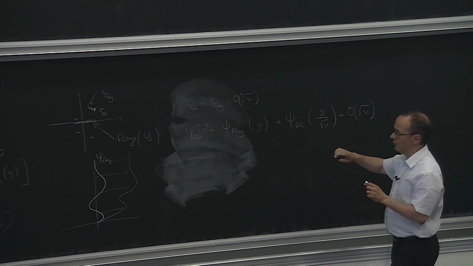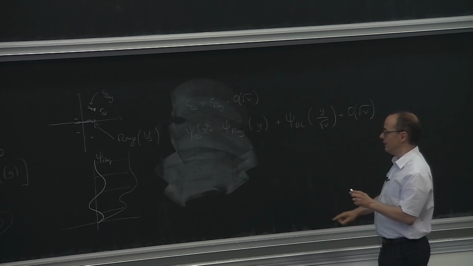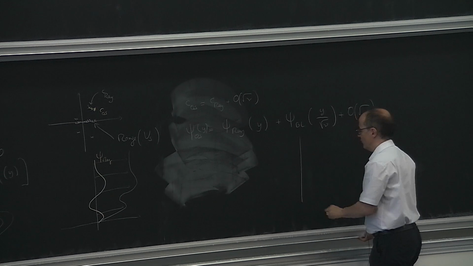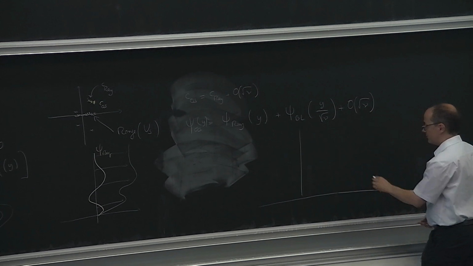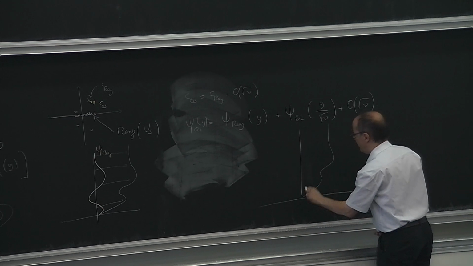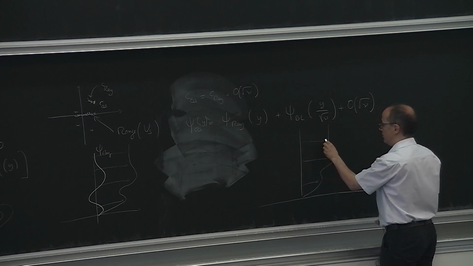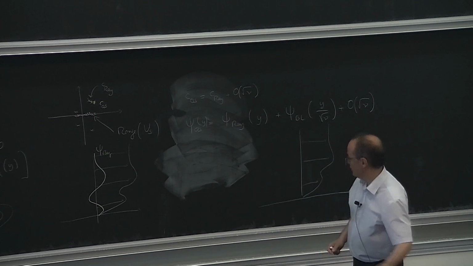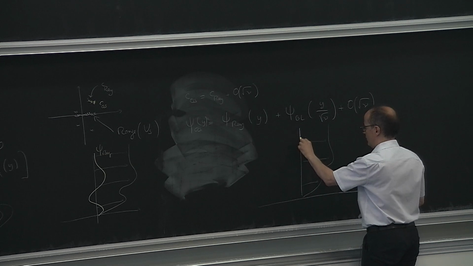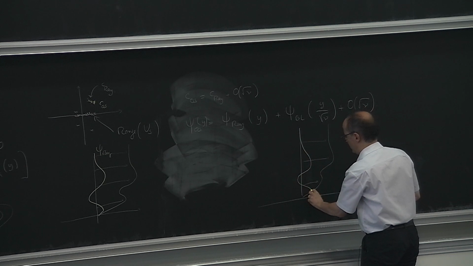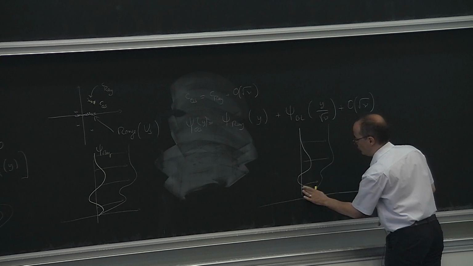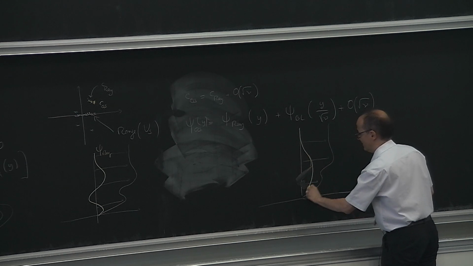However, the instability for Rayleigh is slightly more complex, since now the picture is as follows. You have your profile, which is unstable. You have the profile for psi. Perhaps not too much structure, so let's see like that for psi.